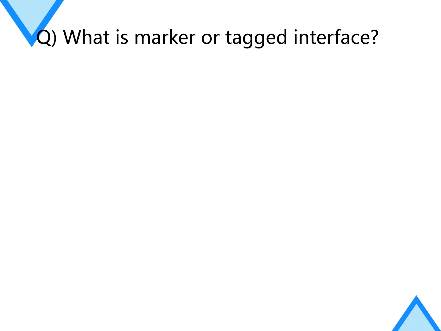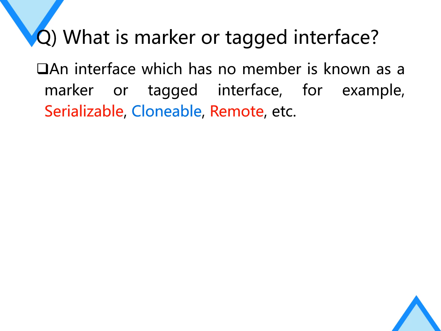Here we have another question: what is a marker or tag interface? The answer is that an interface which has no member is known as a marker or tag interface. For example, Serializable, Cloneable or Remote. These are examples of tag or marker interfaces.